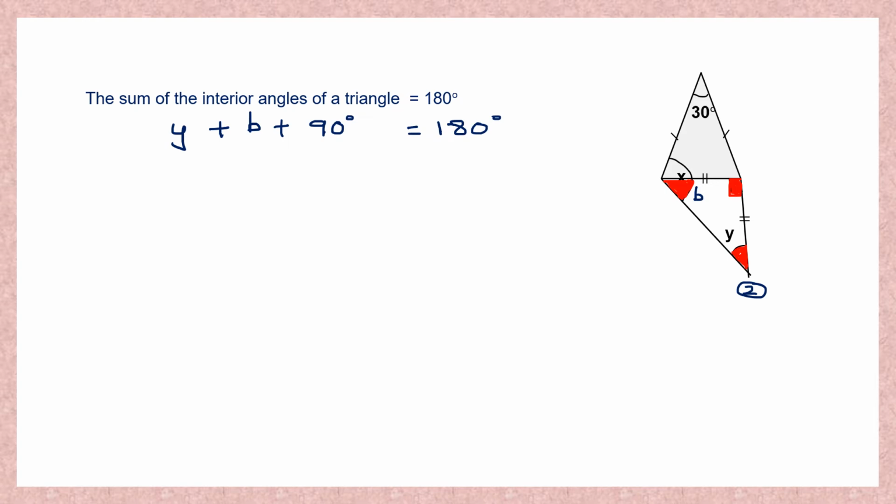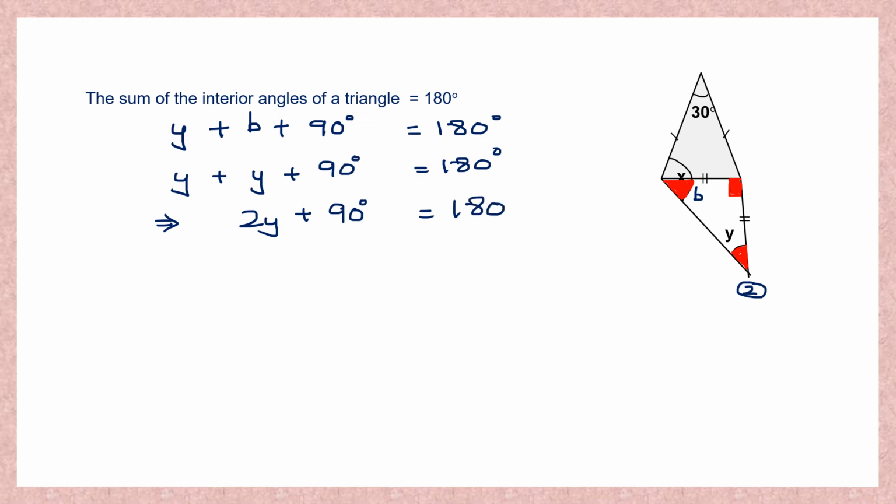Now we know Y is equal to B. So Y plus, instead of B, we're going to write Y because they are equal, plus 90 degrees equals 180 degrees. Y plus Y is 2Y. So 2Y plus 90 degrees equals 180 degrees. Now to find 2Y, we say 180 degrees minus 90 degrees.